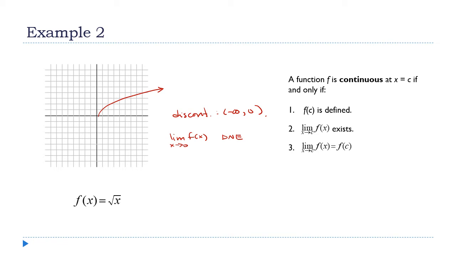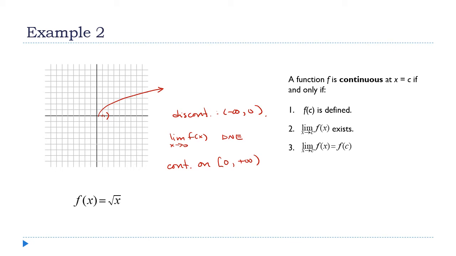And it is right continuous, because over here on the right-hand side, the function is perfectly well behaved. So I would say this function is discontinuous just where I said it was, negative infinity to 0, and continuous on the interval from 0 up to plus infinity.